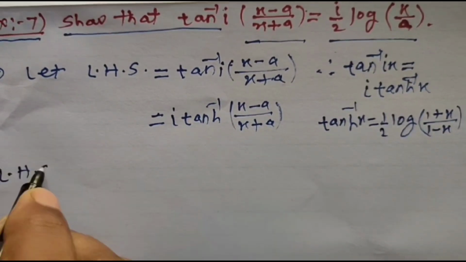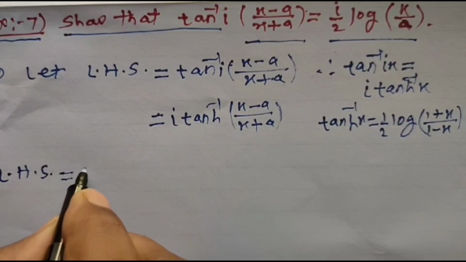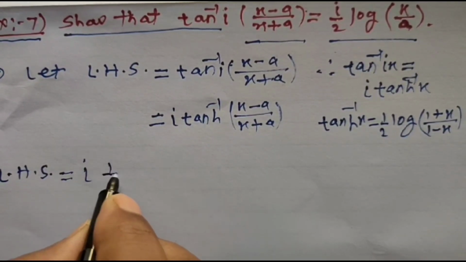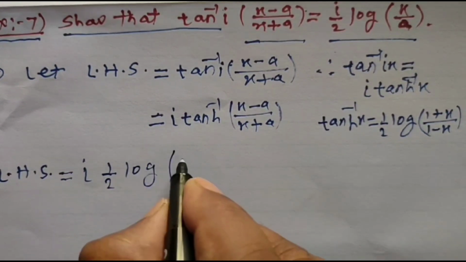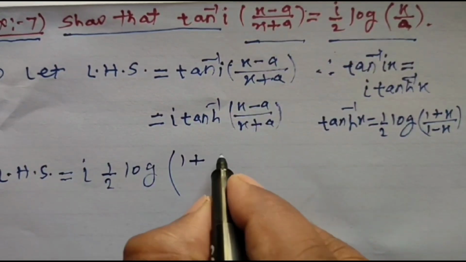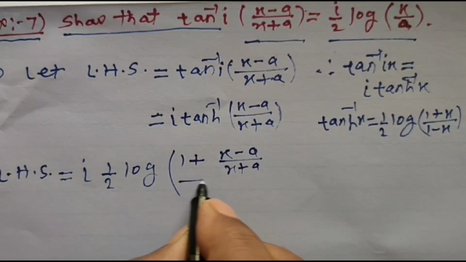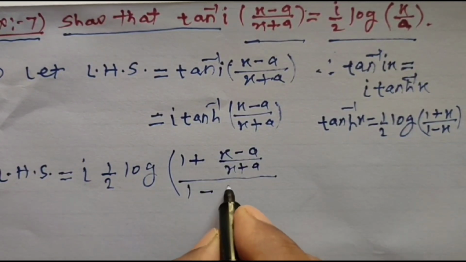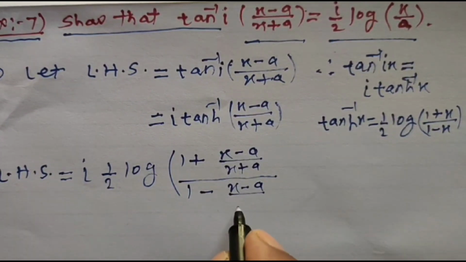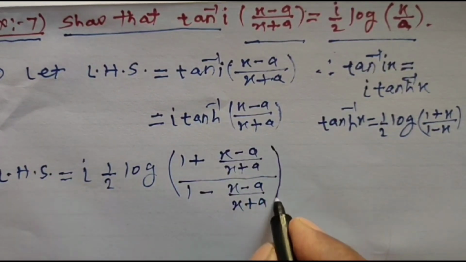Using this formula, LHS is equal to i into 1 by 2 logarithm of 1 plus (x minus a divided by x plus a), whole divided by 1 minus (x minus a divided by x plus a), bracket close.